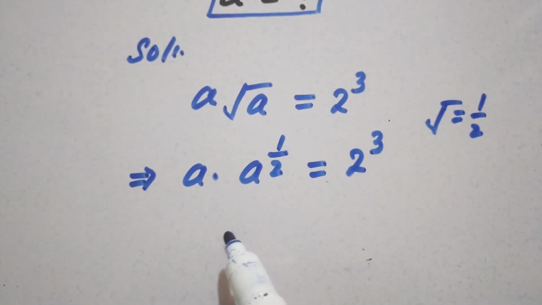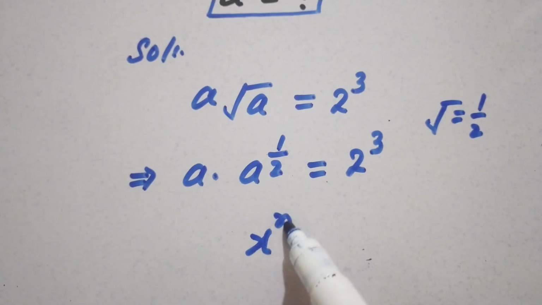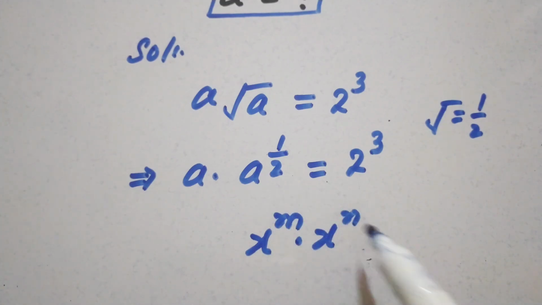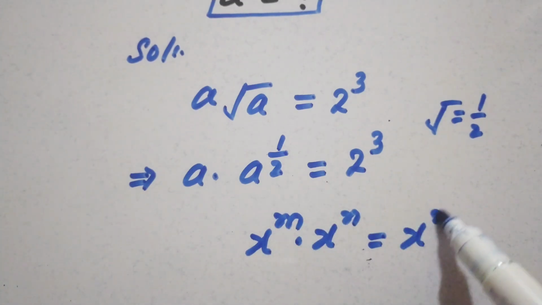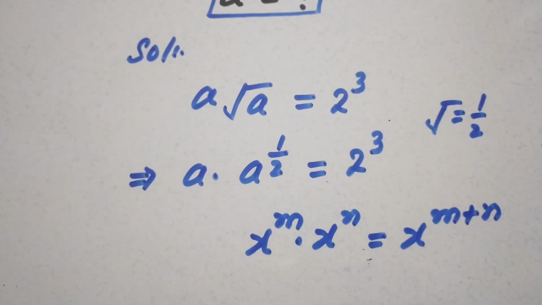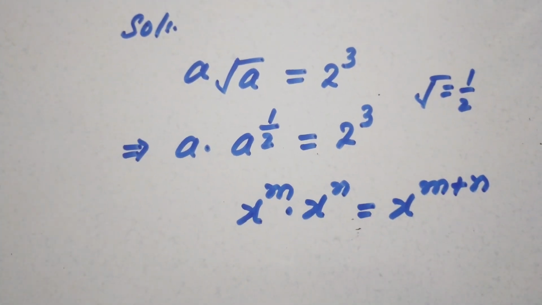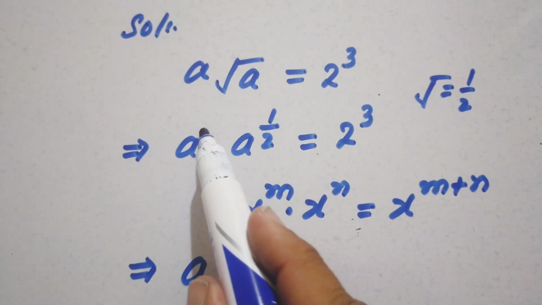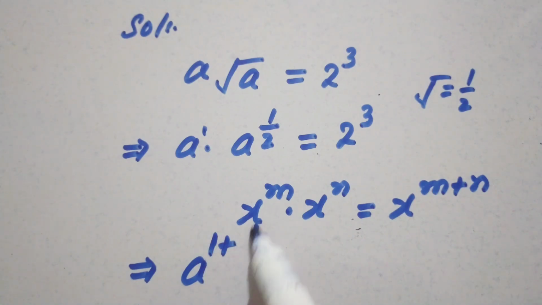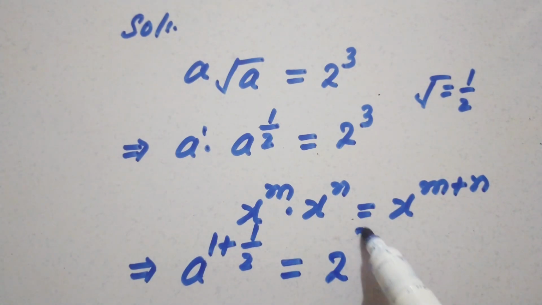Now using an algebraic identity, that if we have x power m multiplied by x power n, this is equal to x power m plus n. Or we can say that when the bases are same and multiplying each other, then their powers will be added. So this will become a power 1 plus 1 by 2, and this whole thing is equal to 2 cube.